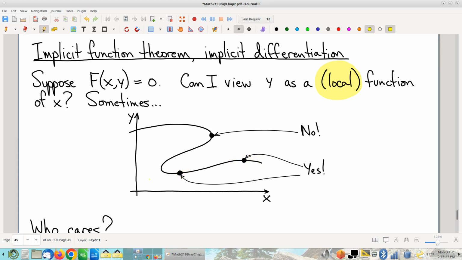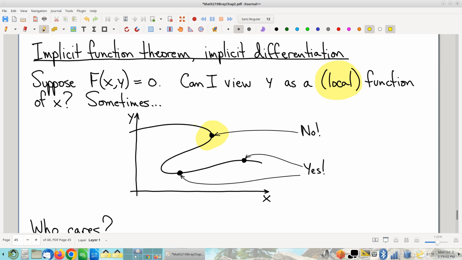But wait a second. What about here? At that point, which, by the way, is where the curve is in the process of wrapping under itself, you might say where there's a vertical tangent line. That's the point that I'm talking about. And the way I have this curve drawn, I maintain that not even locally at this point is y a function of x.